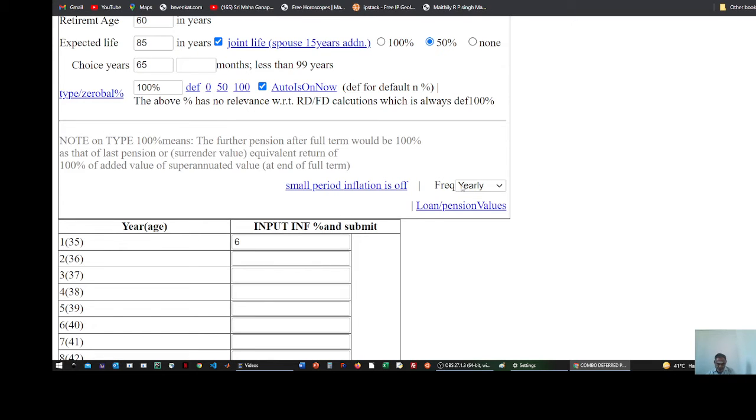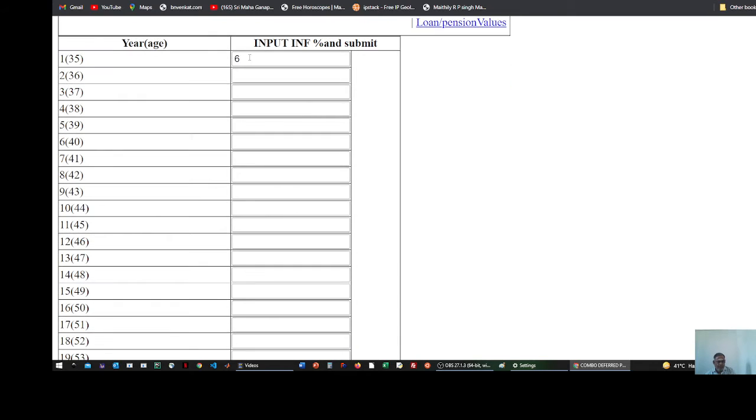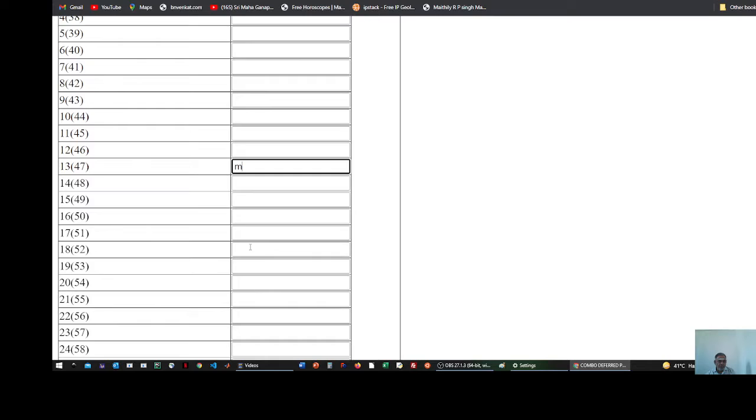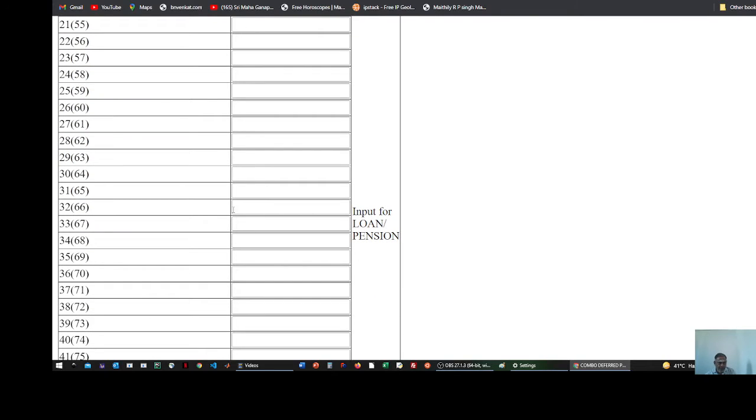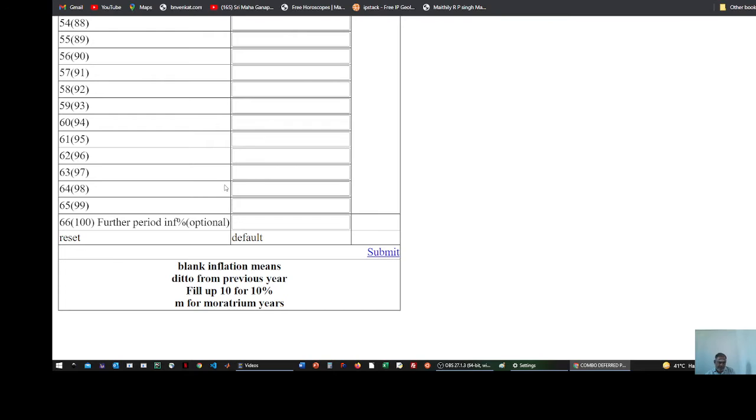Let the frequency be yearly annual payment, and now we start filling up the inflation protection percentage. Let it be the same 6% for 12 years, and then from the 13th year onwards there is a moratorium, and moratorium will not be applicable for the post-retirement period.